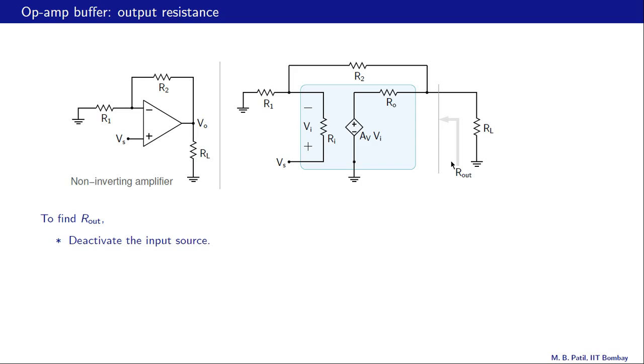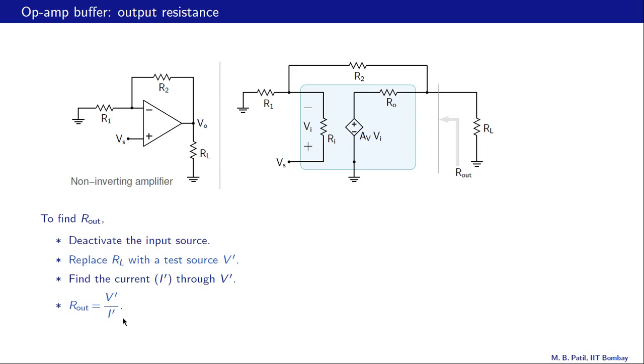And how can we find Rout? We deactivate the input source first, that means connect this node to ground. Replace RL with a test source V prime. So we remove RL and put a voltage source V prime over there. Find the current I prime through V prime, and then Rout is given by V prime divided by I prime.